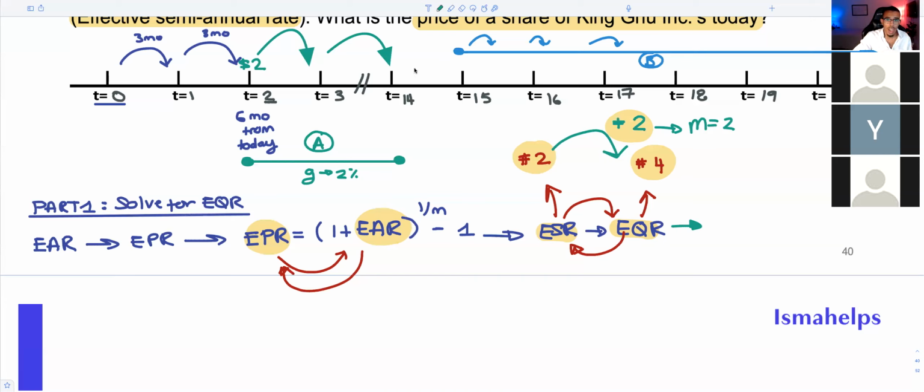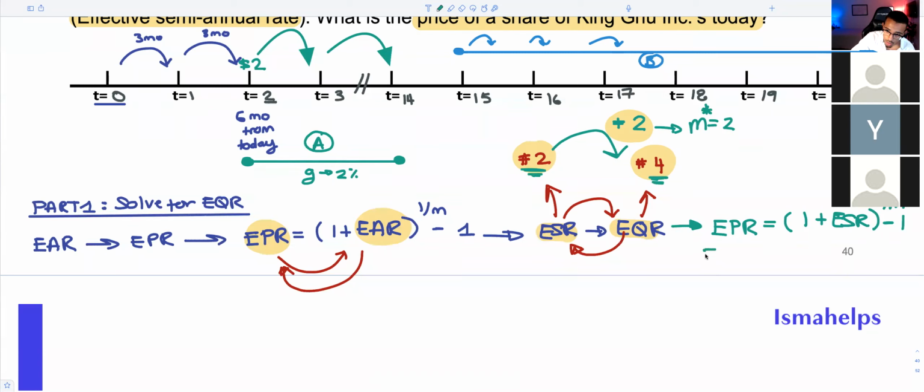So you could actually write it as something kind of cool. Your effective periodic rate is equal to 1 plus the effective semi-annual rate that you have, to the exponent of 1 over m, being the number of periods difference between the two, minus 1.